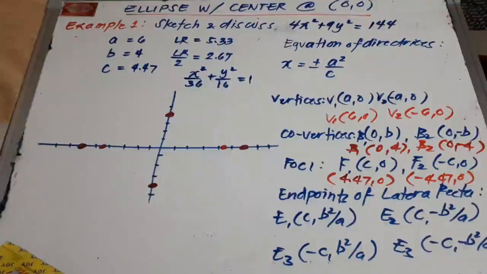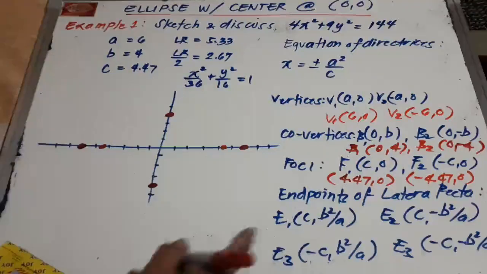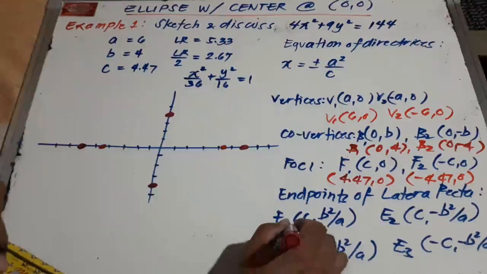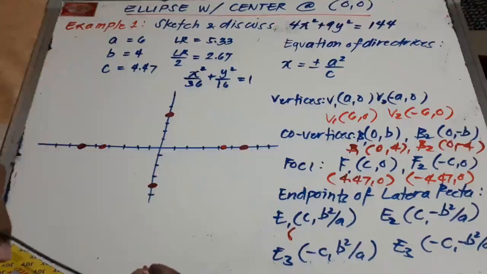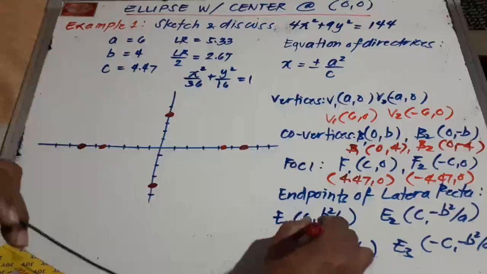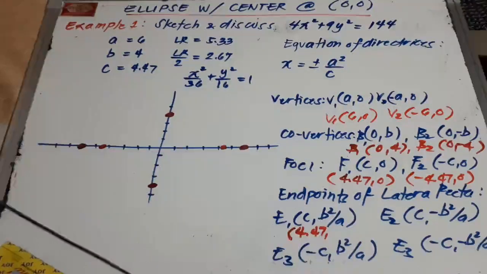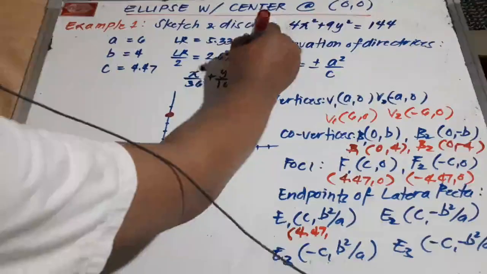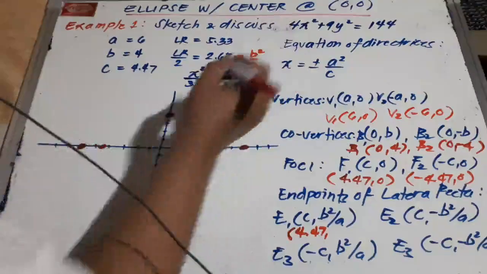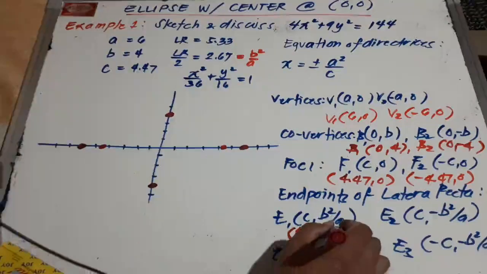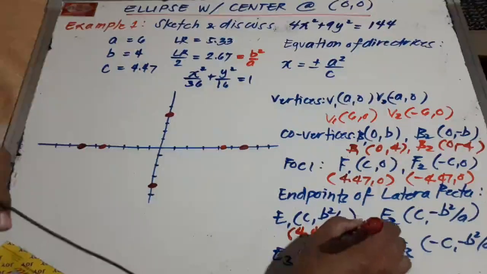Okay. Now, yung lateral recta, dadaan yan sa focus. So, we have C, B squared over A. So, location nito will be, C is 4.47, comma. Ang B squared over A natin, that is LR over 2. LR over 2 is 2.67. So, 2.67.